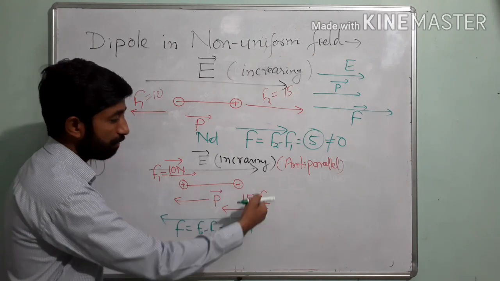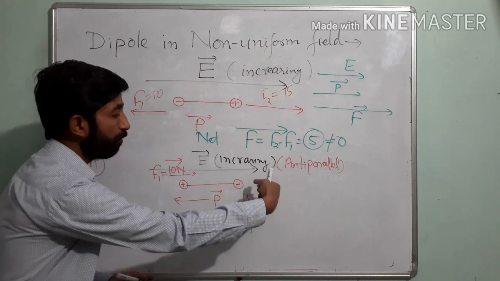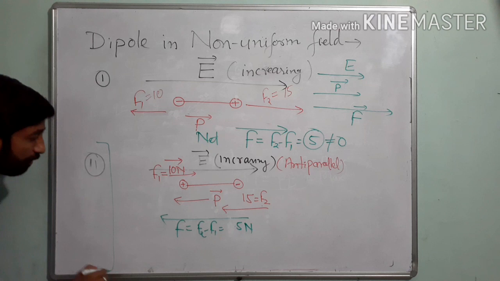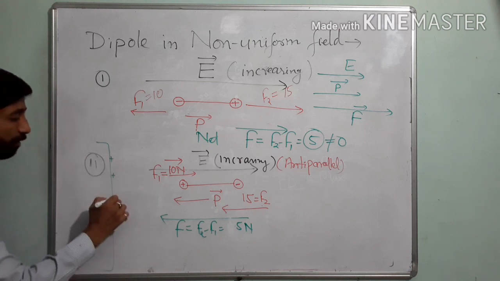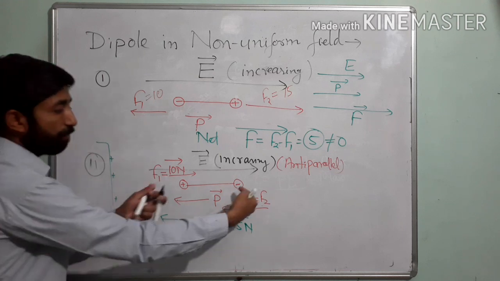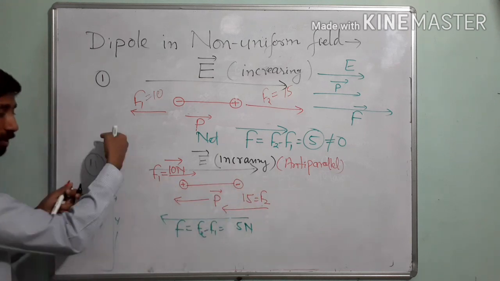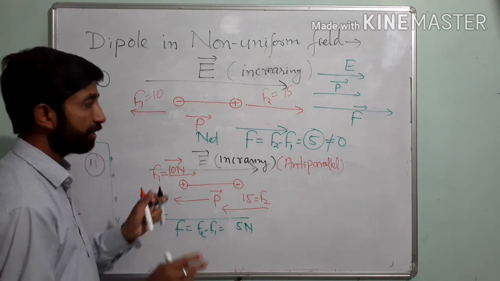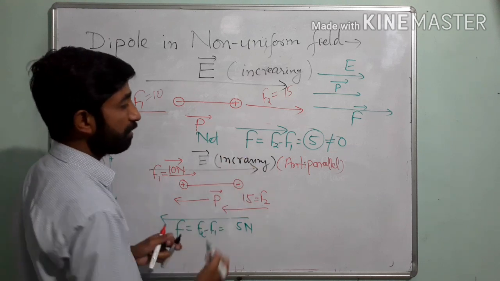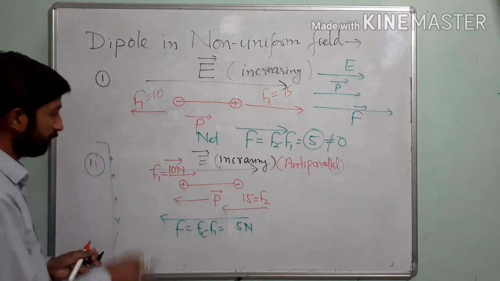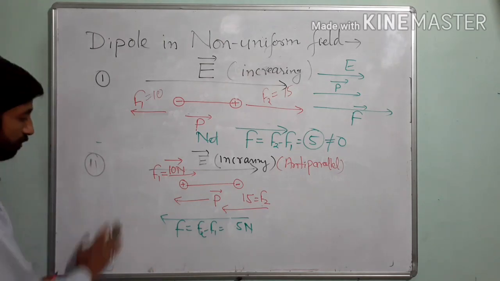If it is free, it will move this way. That is, if in the background we have a source of positive charge producing the electric field, the system will try to come towards the source. However, the arrangement may be complicated so that the field becomes non-uniform. That's not a part of this particular topic, so don't go into it.